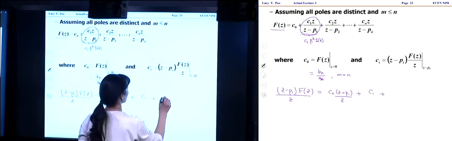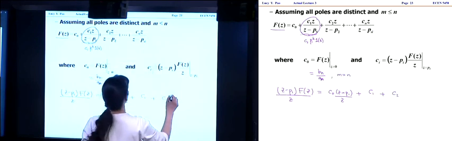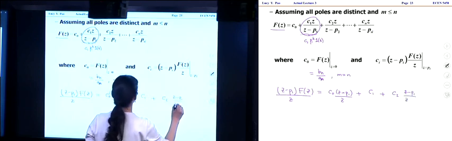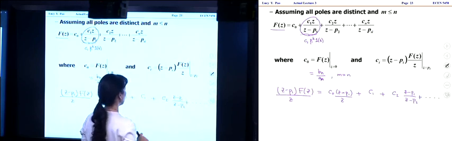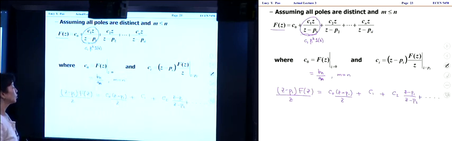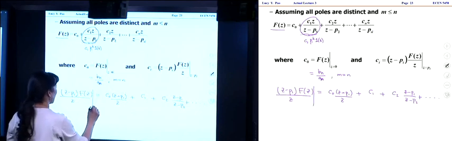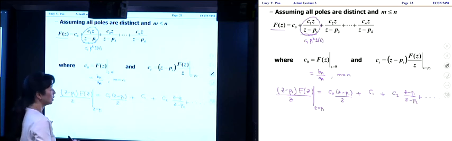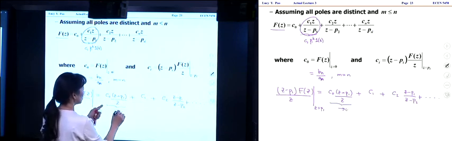And then the next term, the z's will cancel, and we have z minus p1 over z minus p2, and similarly. Okay? So now, if we evaluate both sides at z is equal to p1, on the right-hand side, this will go to 0.